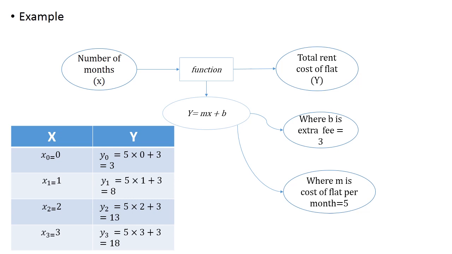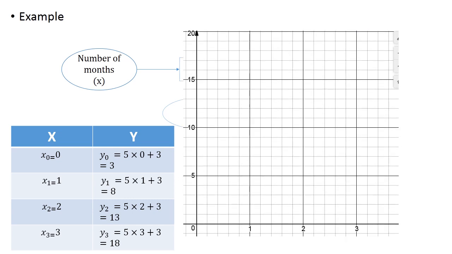We can represent this equation in the xy plane by plotting each point from the table. At x equals 0, y equals 3. At x equals 1, y equals 8. At x equals 2, y equals 13. At x equals 3, y equals 18.